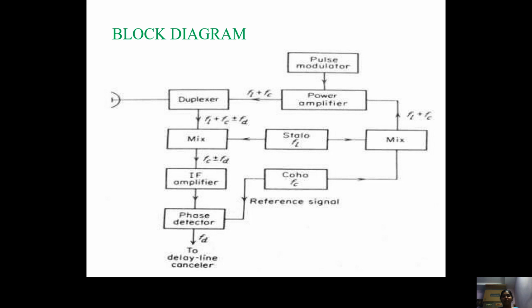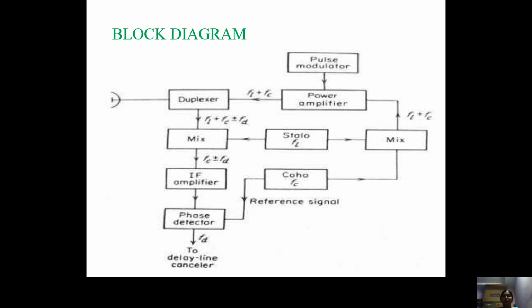The intermediate frequency amplifier amplifies the signal received at the receiver, which is the echo signal from the moving targets. The coherent oscillator again generates the reference signal whose phase is the same.